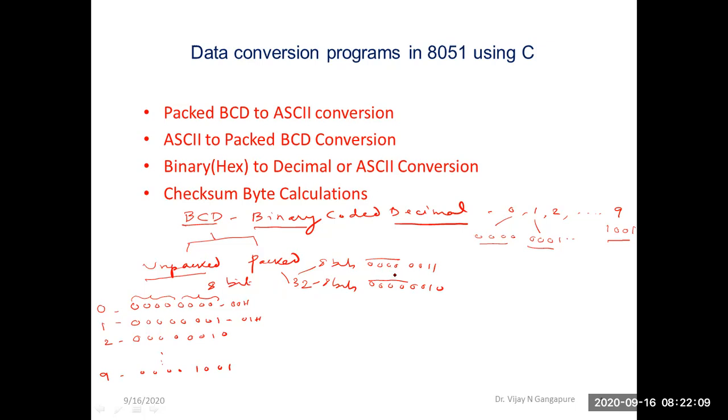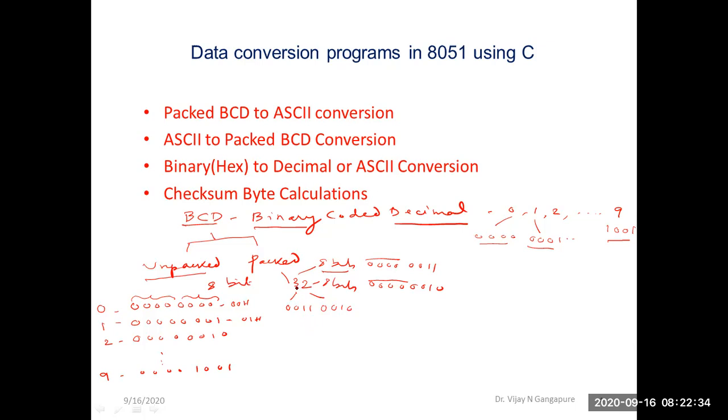Instead of using these two 8-bit values for the 2 digits, I can use only one 8-bit value. How? The upper digit is represented by the upper nibble, 0011, and the second BCD digit in the lower nibble, 0010.